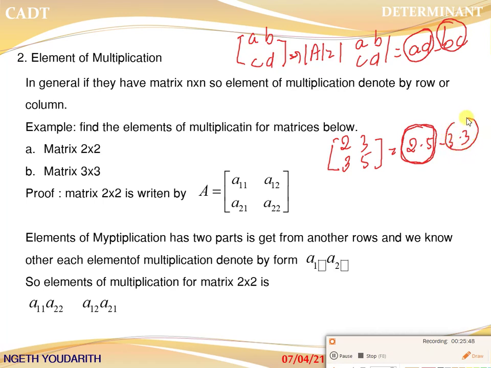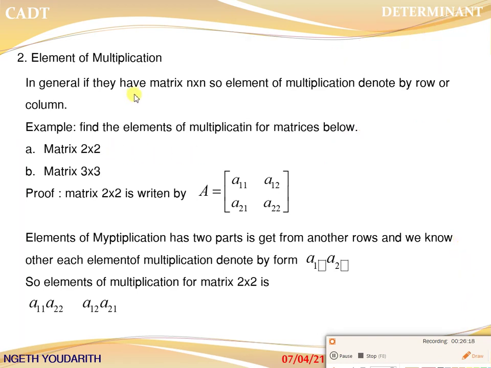It is called that because 2, 3, 3 and 5 are the elements of the matrix. So 2 multiplied with 5, where 2 is an element and 5 is an element, we call element of multiplication in a matrix. This is the definition of the element of multiplication.